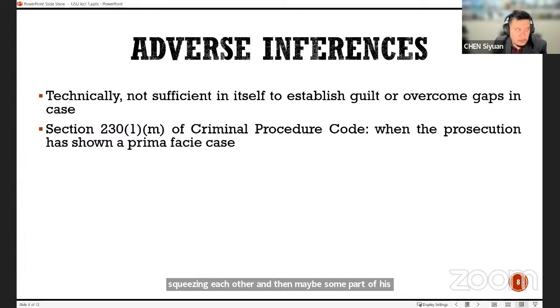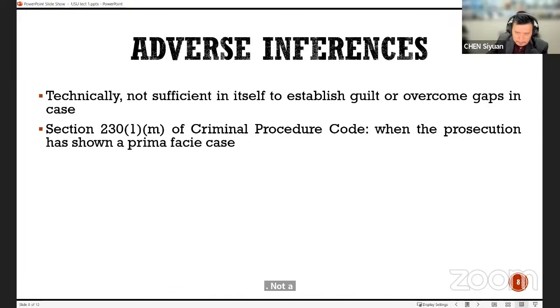Where else does the idea of adverse inferences feature in the Criminal Procedure Code? So I mentioned earlier that in Singapore, you are incentivized to speak up early. And it's not just when the statements are taken. It's actually throughout the whole process.